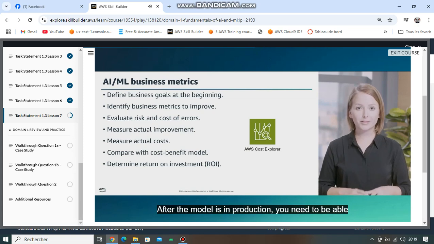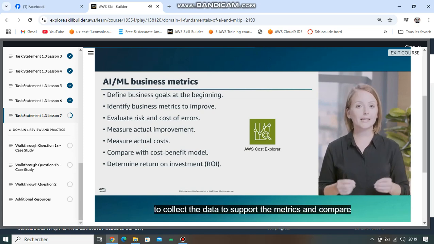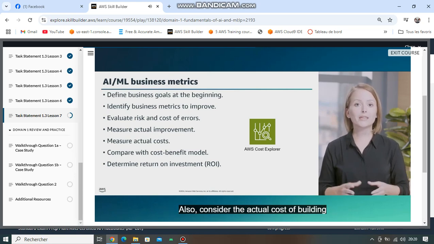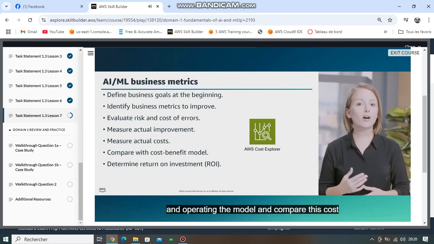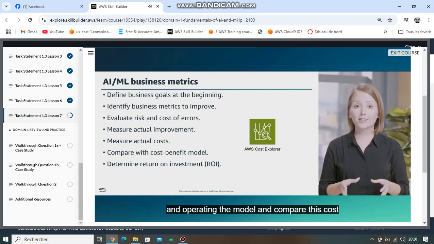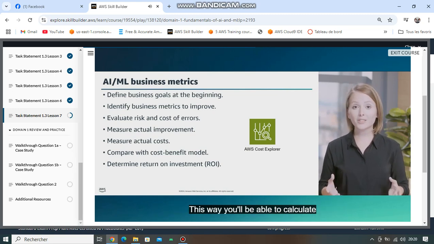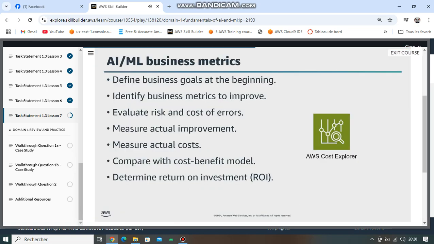After the model is in production, you need to be able to collect the data to support the metrics and compare the actual results with the original business goals. Also, consider the actual costs of building and operating the model, and compare this cost with the initial cost-benefit model. This way, you'll be able to calculate the return on investment. AWS allows you to define cost allocation tags that are assigned to the resources that you create.